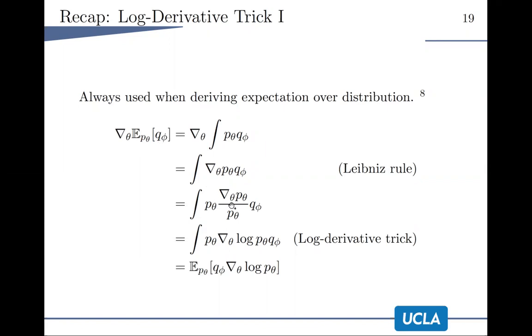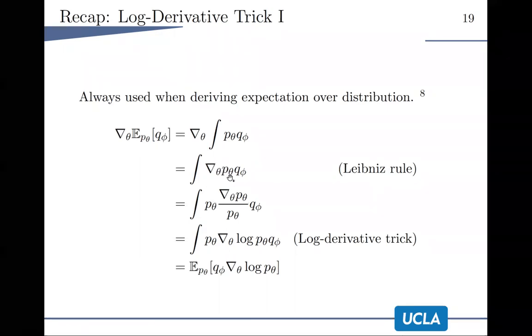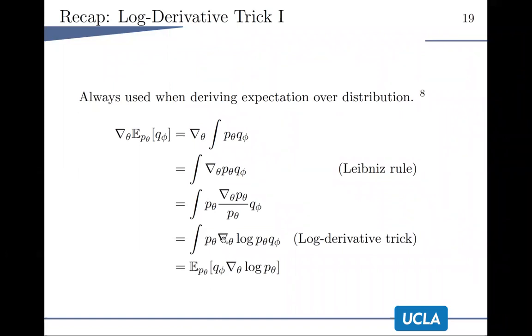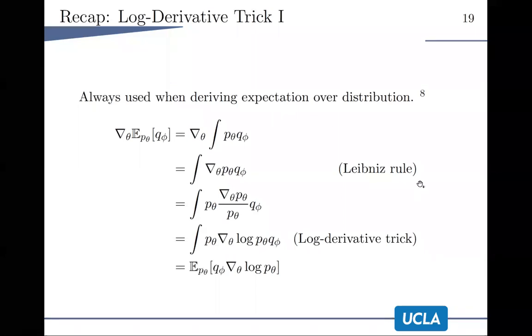Then we multiply by p theta divided by p theta, and nabla p divided by p turns into nabla log p. This transformation is called the log derivative trick, and it's often used when deriving an expectation over a distribution.